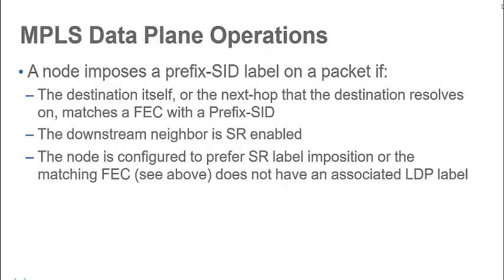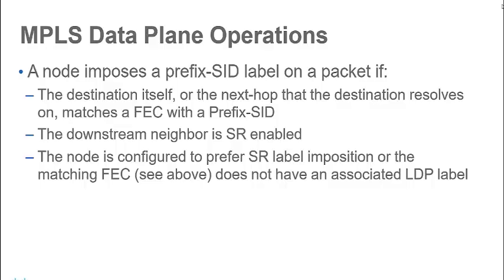In our example in the previous class, we saw 16,004. Actually, it was going to router 5. To go to router 5, it was going to router 4 with 16,004, and then taking the adjacency SID and then delivering to router 5.